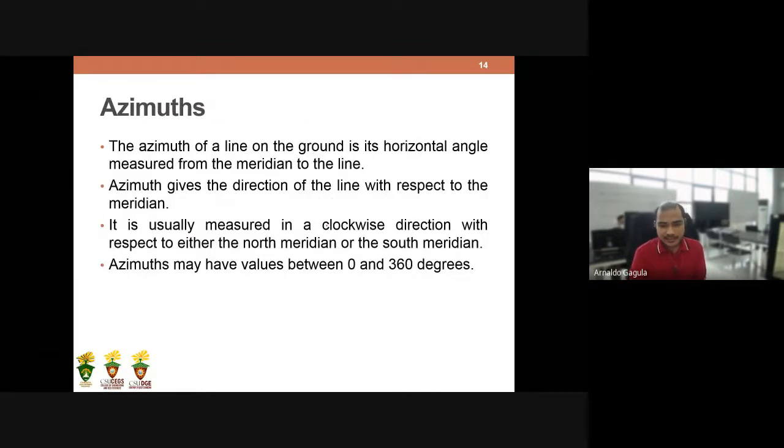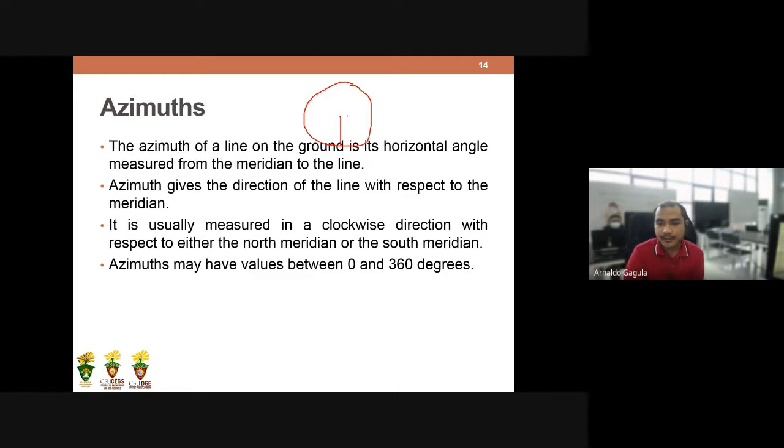So azimuth, let's recall what an azimuth is. The azimuth of a line on the ground is its horizontal angle measured from the meridian to the line. From the meridian to the line. So going back to your GE 101, if this is the horizontal plane and this is the base meridian or the Greenwich meridian, then it depends on which meridian you are at, let's say you are at this meridian.